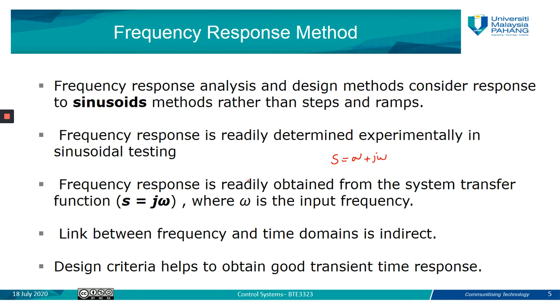So in this chapter, our focus will be more on the j omega value, or the frequency value. So we are going to focus more on the imaginary part of the pole location, and also on the frequency of the input testing function to the system.